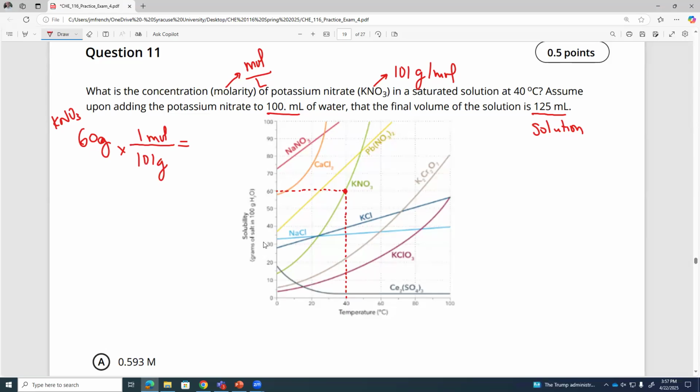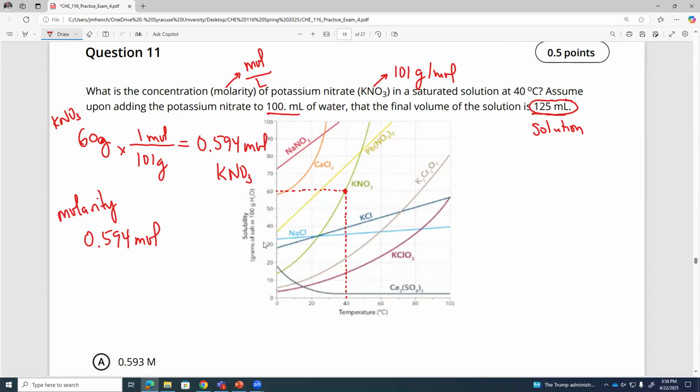So 60 divided by 101, 0.594 moles of potassium nitrate. To turn this into molarity, we've got 0.594 moles, and our total volume.